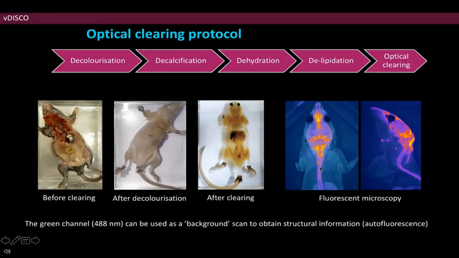And we also see here how the green channel, the 488 channel, can be used to obtain structural information. So it has higher background than the other channels. It can be a pain if the fluorophore of interest is in the green spectrum, but if not, it's very good to get the whole structure.